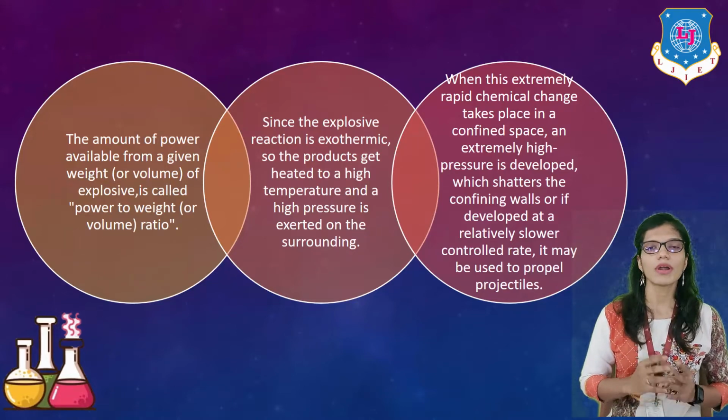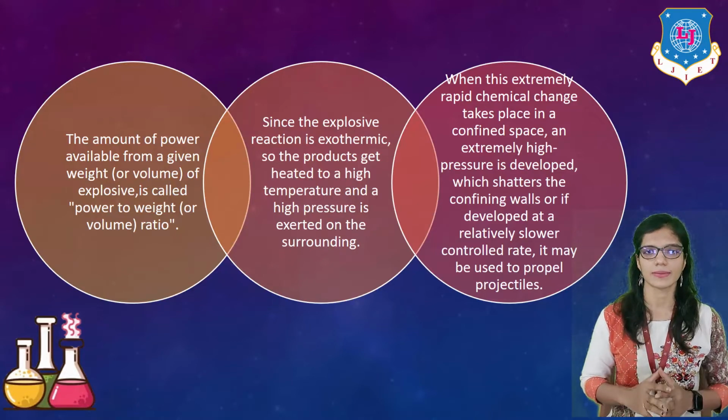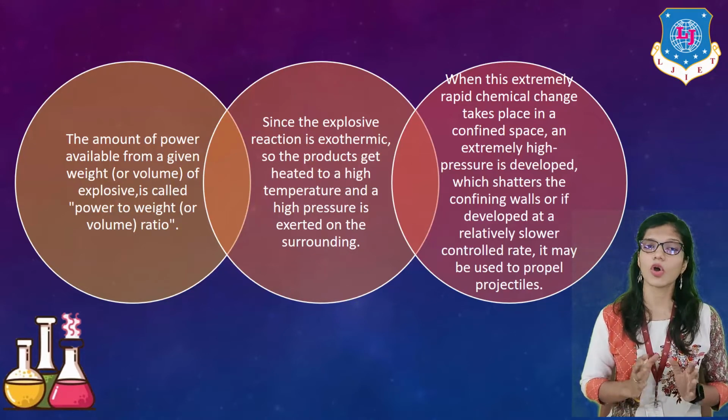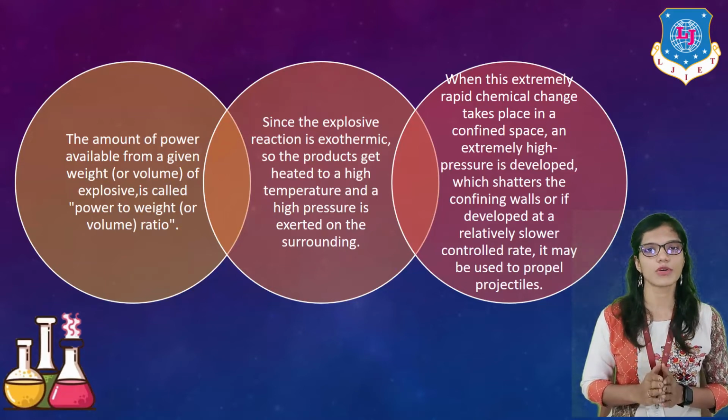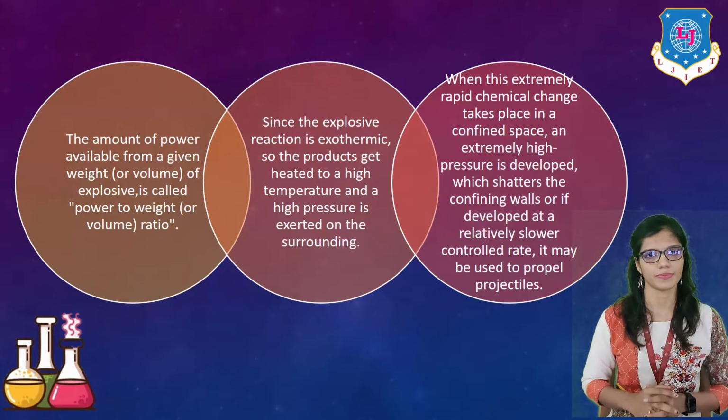Now, what is the meaning of this? What do you understand by projection of projectiles? You can release satellites, missiles, and certain types of projectiles like bullets and grenades. They are all released with the use of one or another type of explosive.